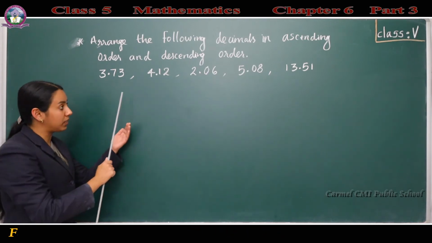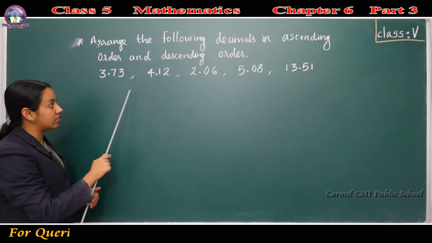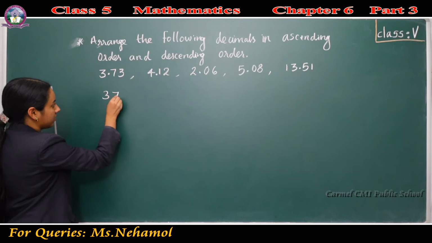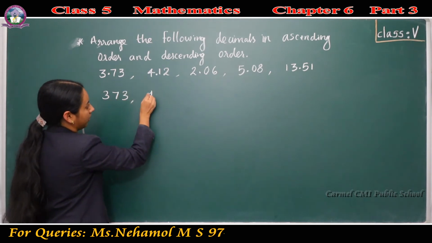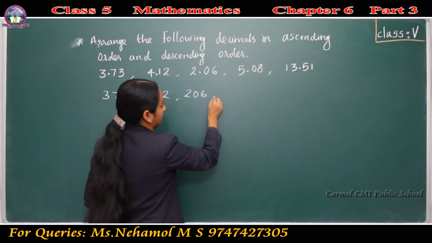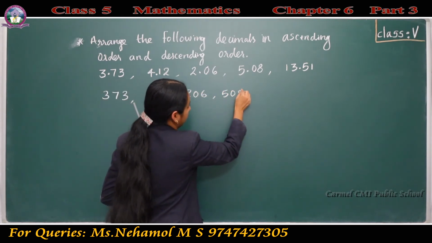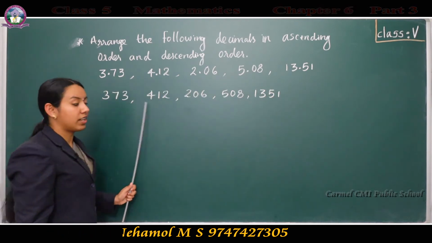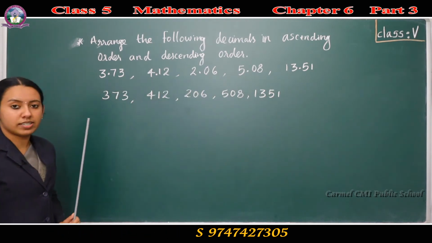So we can compare them without considering the decimal point. First number 373, then 412, 206, 508, 1351. These are the numbers without decimal point.